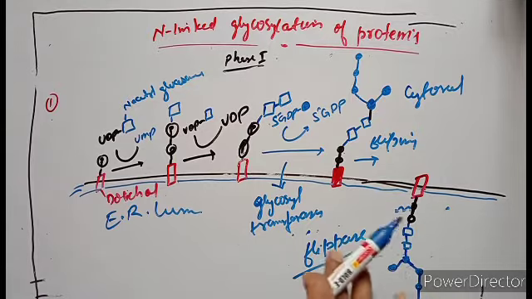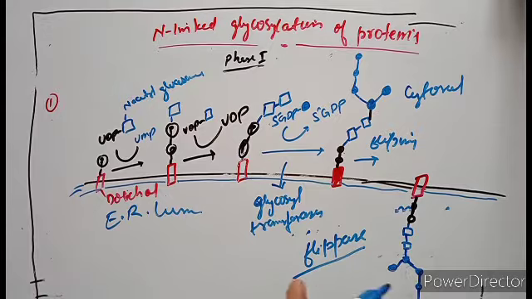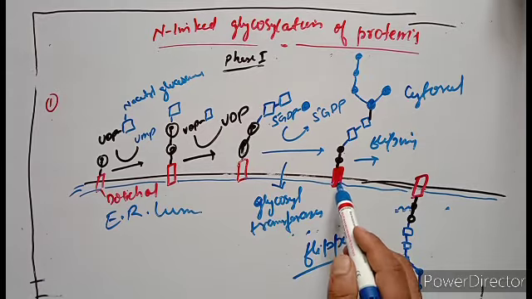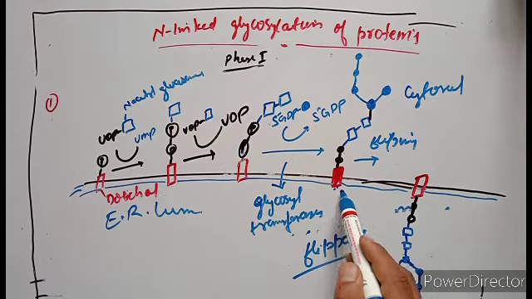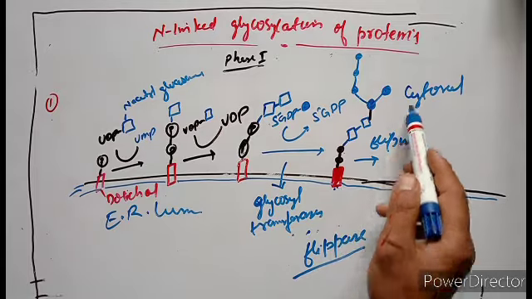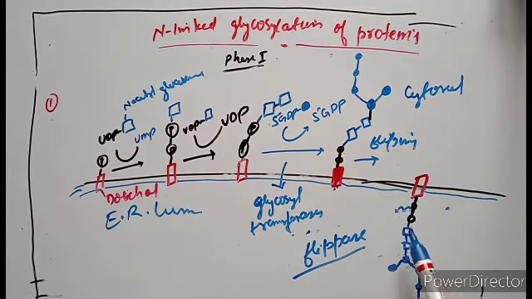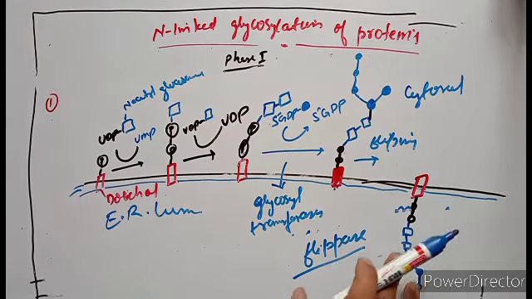So this is the first phase in which the 2 N-acetyl glucosamine residues and 5 mannose residues are added to the dolicol lipid, and now this dolicol lipid and these sugar molecules are present inside the endoplasmic reticulum lumen, so that the enzymes of the endoplasmic reticulum will act on this and add more sugar residues on that particular glycan molecule.